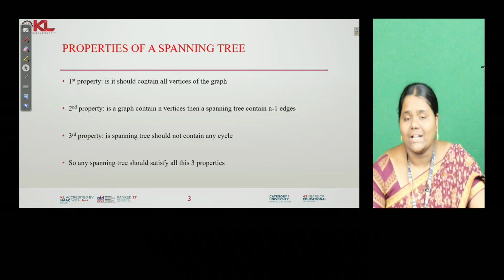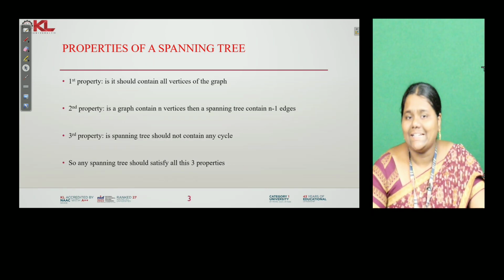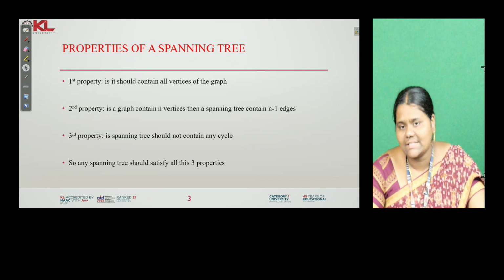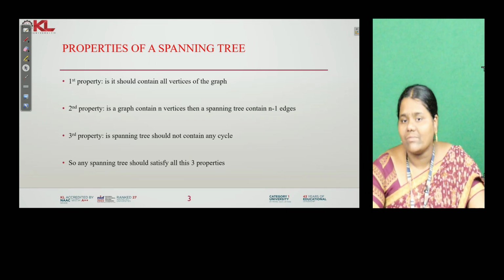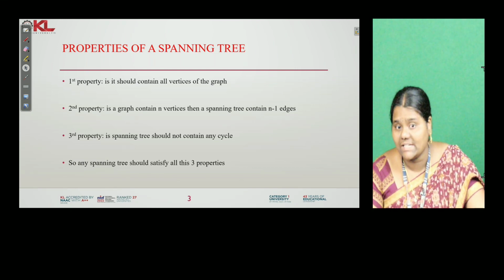Now let us see the different properties of a spanning tree. The first property is that it should contain all vertices of the graph. We have to check whether the tree contains all the vertices of the given graph or not. The second property is that if the graph contains n vertices, then a spanning tree contains n minus 1 edges.